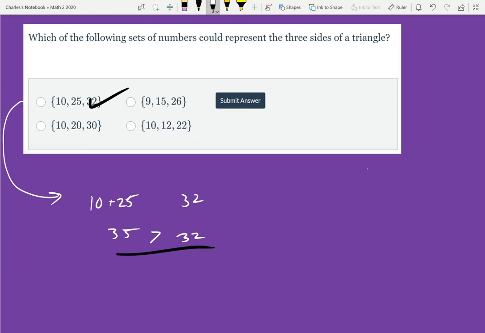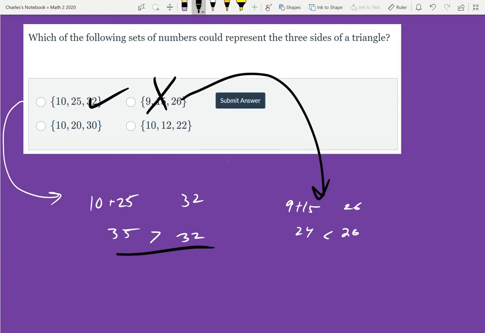And if I do this one right here, I'm going to get 9 plus 15, 26. 9 plus 15 is 24. Oops, I wrote 22, 26. 24 is less than 26. So that's bad. I can't get a triangle of those measures.